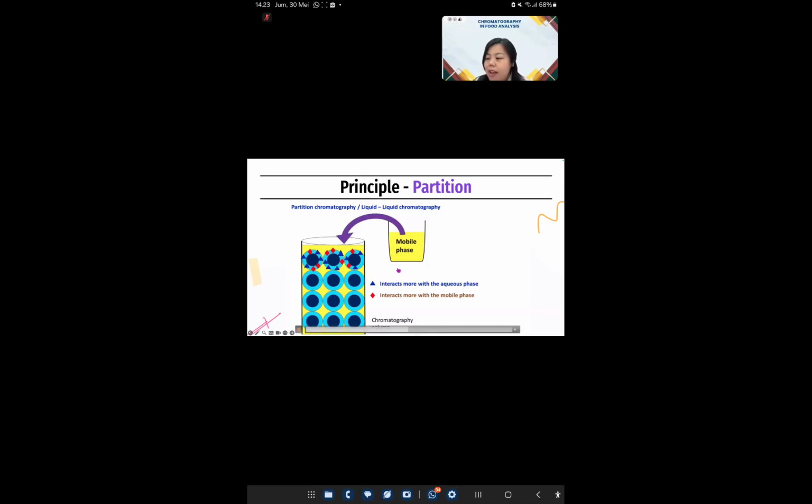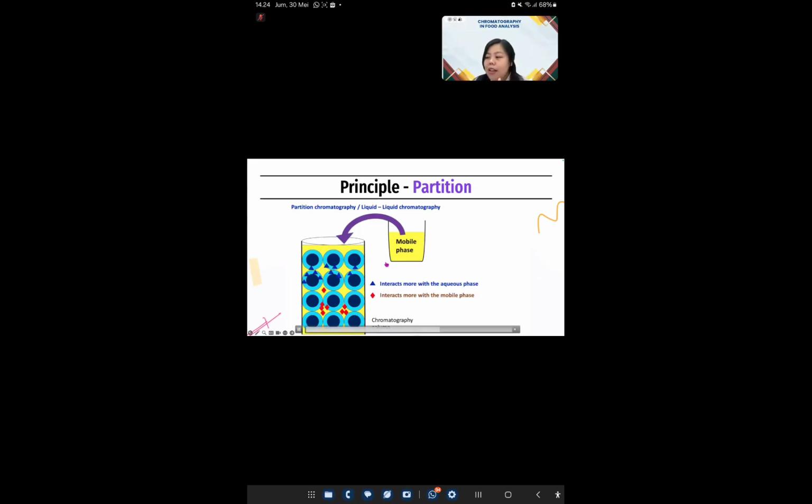If the compound, let's say the triangle, interacts more with the aqueous phase, and the diamond interacts more with the mobile phase, the diamond will move first because it is carried by the mobile phase. After the diamond has moved, the triangle will move later on.